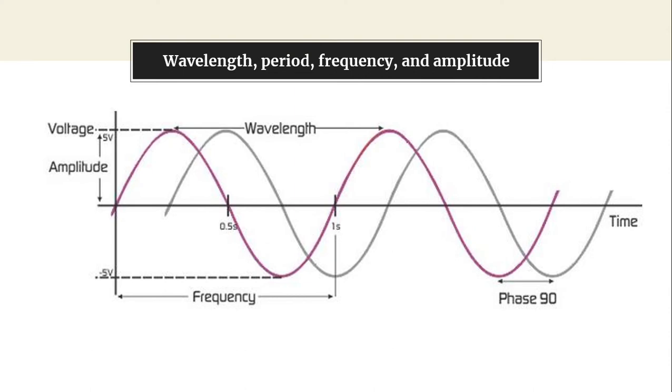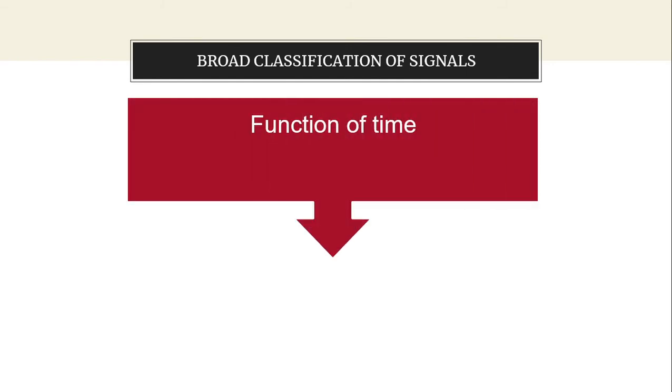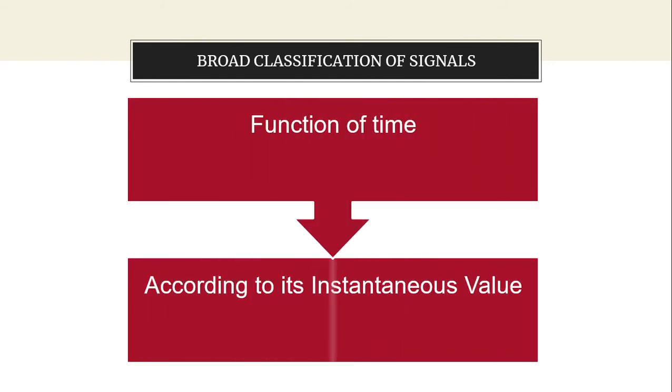This is the waveform that we are observing here on the screen, representing all the basic attributes of a signal: amplitude, time period, frequency, and the wavelength, along with the phase between two signals. Broadly, when we talk about the classification of signals, they are defined as a function of time, that is according to the independent variable, and according to their instantaneous value, that is the dependent variable.